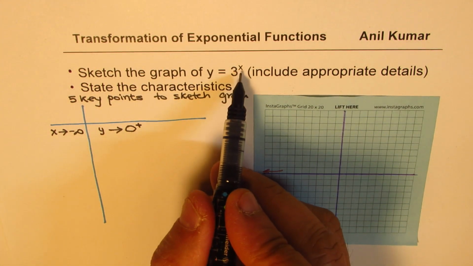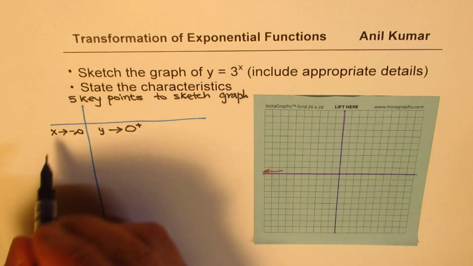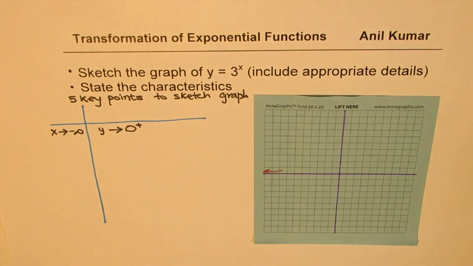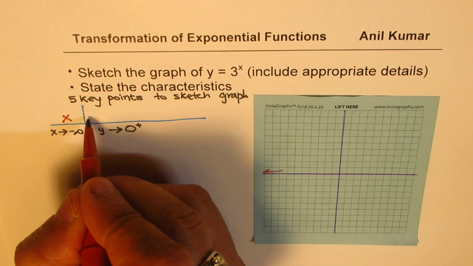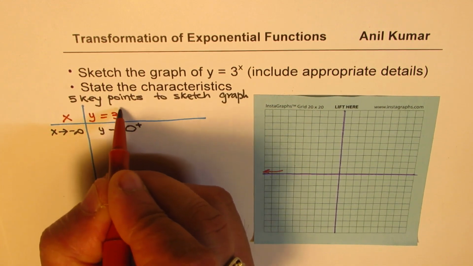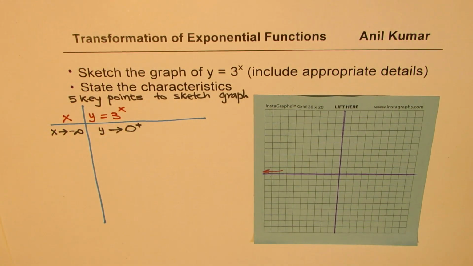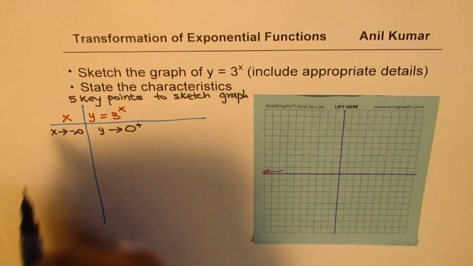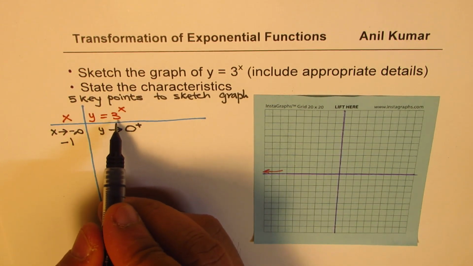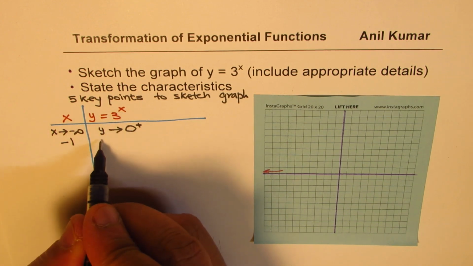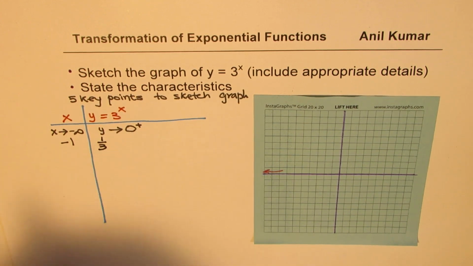Now we could take a point when x is minus 1. Let's write down the values of x on this side, and these are the y equals 3 to the power of x values. So when x is equal to minus 1, the value will be 3 to the power of minus 1, which is 1 over 3. So that is another critical point.